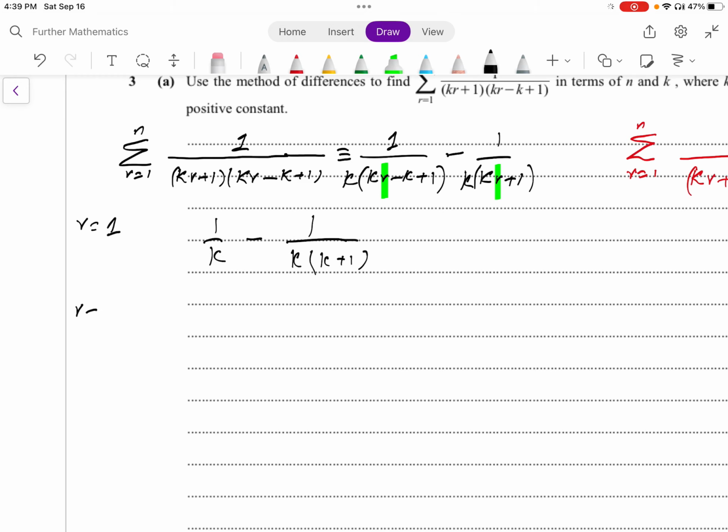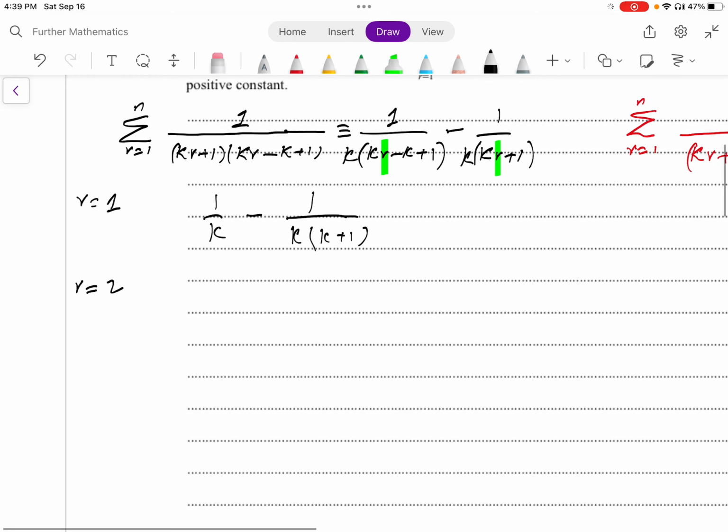I can plug in a second r value: when we plug in r equals 2, it gives us 1 over k times (k plus 1) minus 1 over k times (2k plus 1).